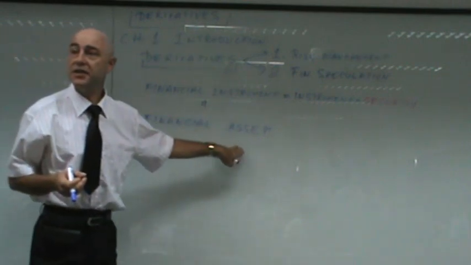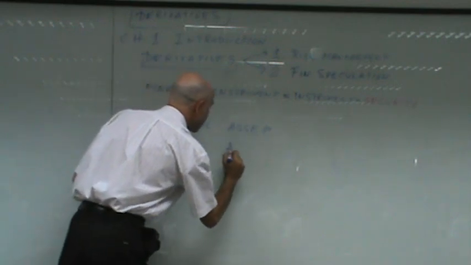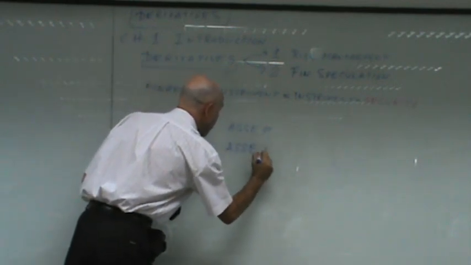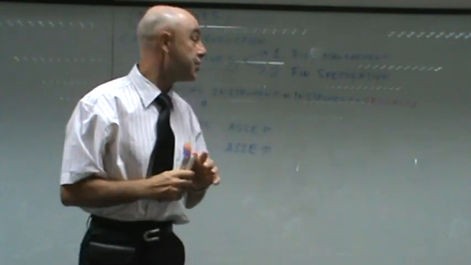Next, to define financial asset, we also need the other type of asset, known as real assets. And you need to differentiate between the two.